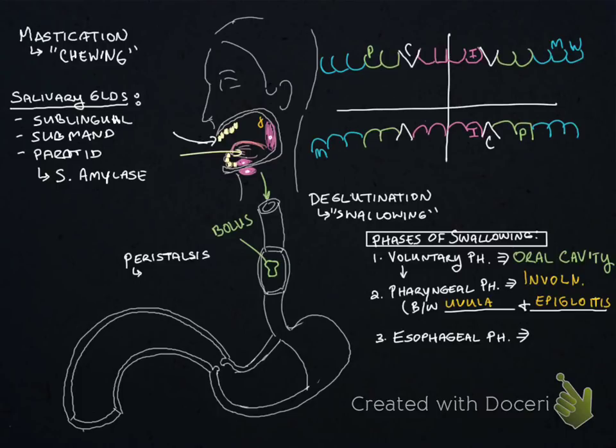And then we have the esophageal phase, which is also involuntary. What makes these phases involuntary is the fact that they're due to smooth muscle, which occurs due to peristalsis. And this peristalsis moves this bolus along past this cardiac sphincter into the stomach.